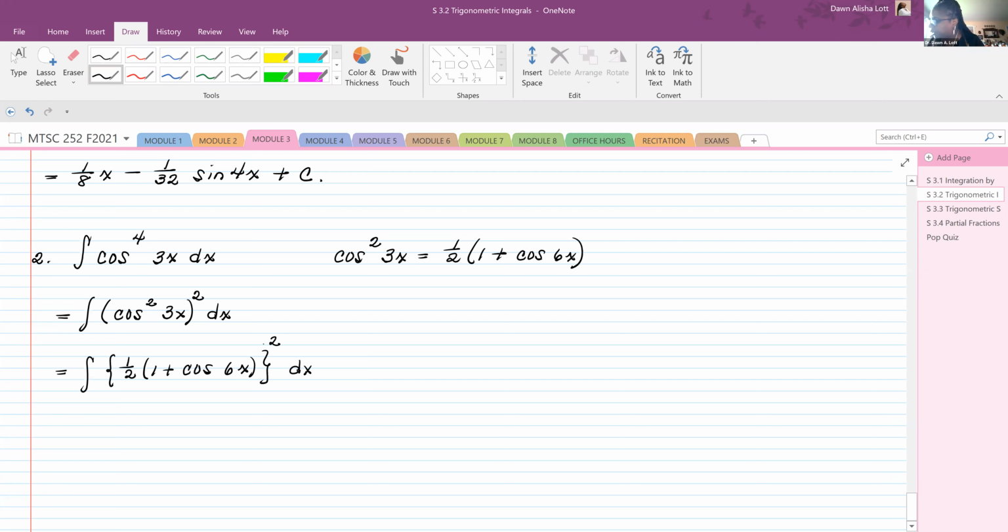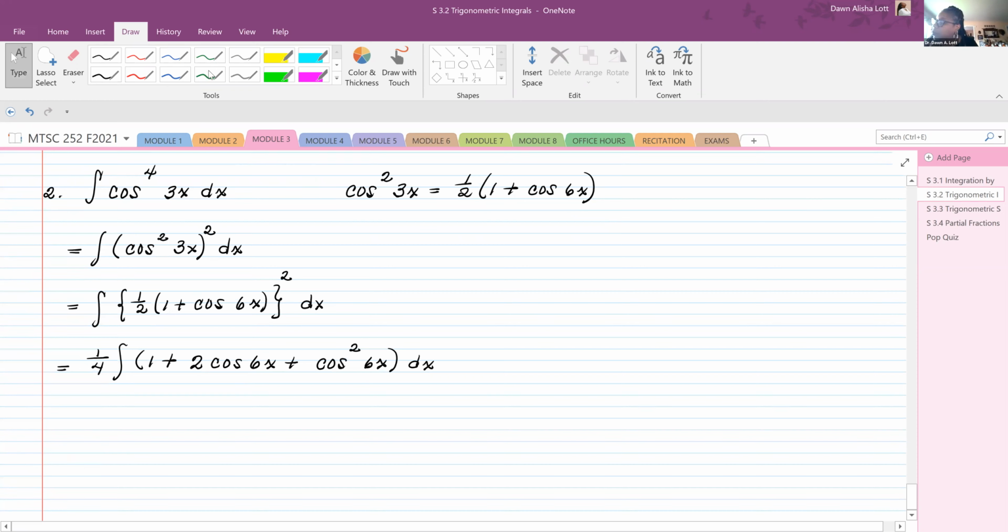So the 1/2 gets squared, so that becomes 1/4. Pull that out. Now I square this, so I get 1 plus 2 times the cosine of 6x plus the cosine squared of 6x. And oh my gosh, here we go again. I got another squared.